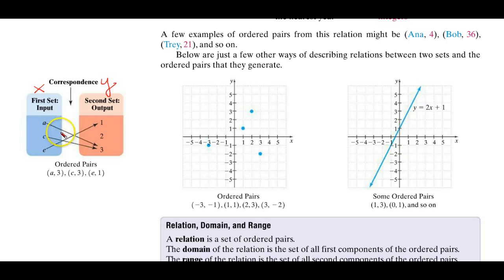Well, A, with one line from it, it's used once. C, one line, used once. E, one line, used once. Now notice the 2 doesn't seem to be used at all, while in the y value, the 3 is used more than once. But that's not part of the definition of function. The definition of function is that the x element is only used once. So this represents a function.